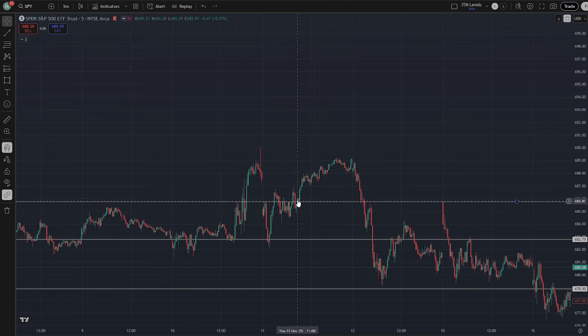Right here a little bit of chop, but we get this close above it, and we continue pushing up. This was on Monday: we gapped up, opened right below it, and pushed back down.